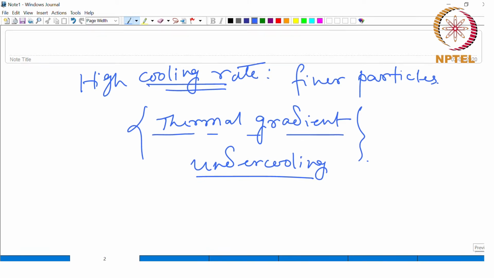So, now if you talk about the cooling rate, it is one of the most significant parameters for controlling the microstructure of the powder.